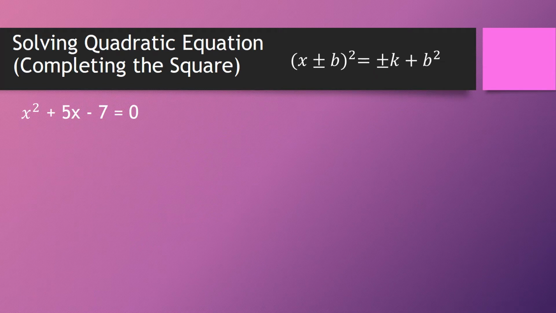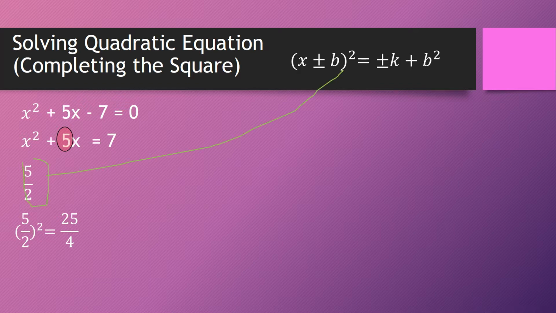Another example. Continue with the same thing. Now, move 7 to the other side. You get the value of 5 and you divide by 2. And you find the square of 5 divided by 2. Now, this number 5 over 2 is going to be here. And this number is going to be here.